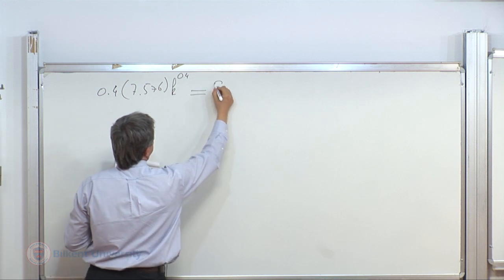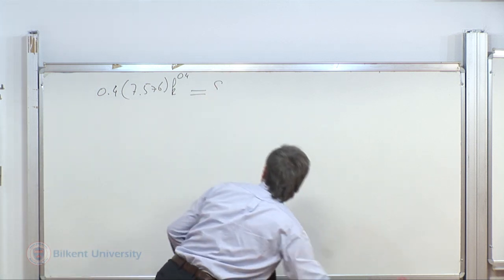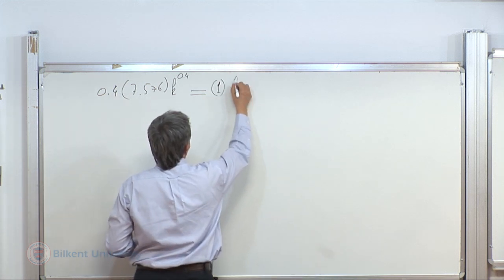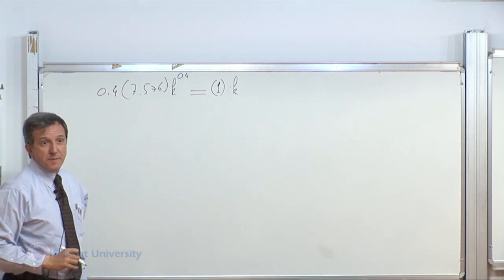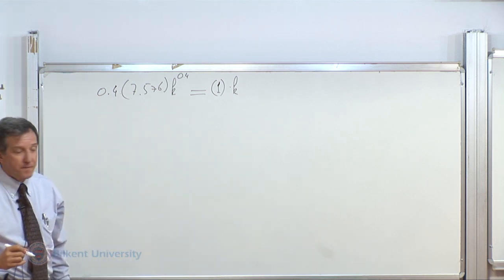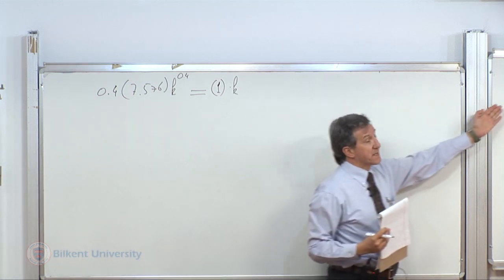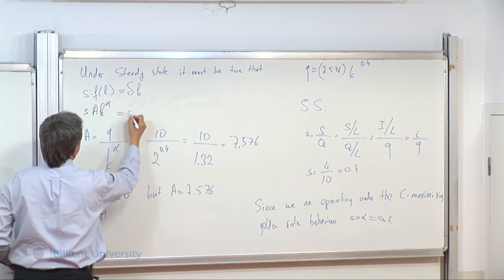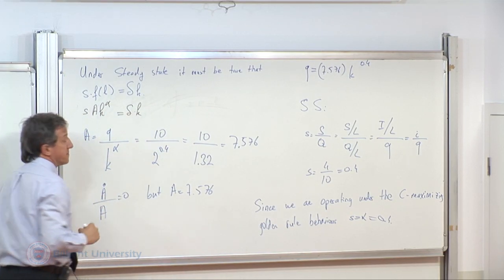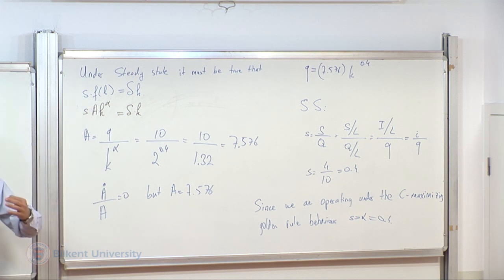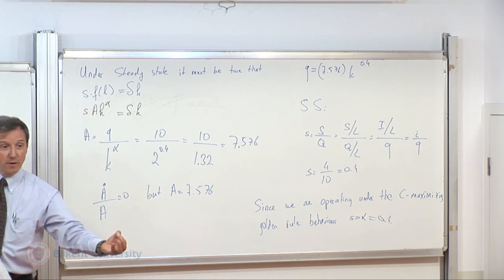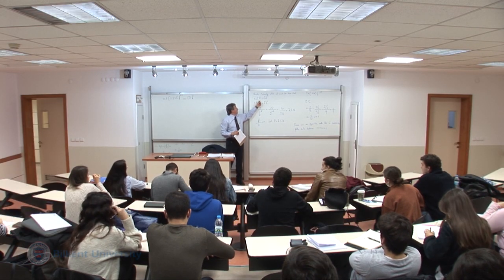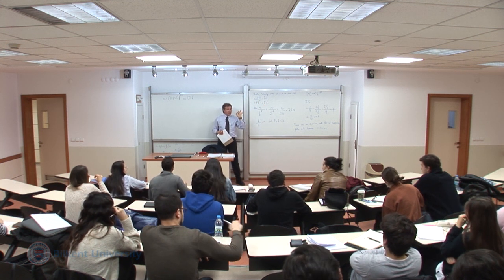It must be equal to delta, and delta is 1, times k. This is the solution to the steady state equation, that is S A k to the power alpha is equal to delta k. I want to choose a new capital labor ratio that satisfies the steady state, knowing that S, A, alpha, and delta are all parameters.